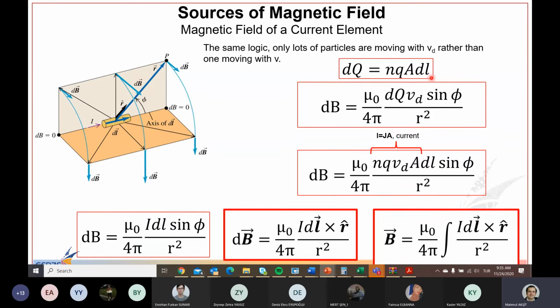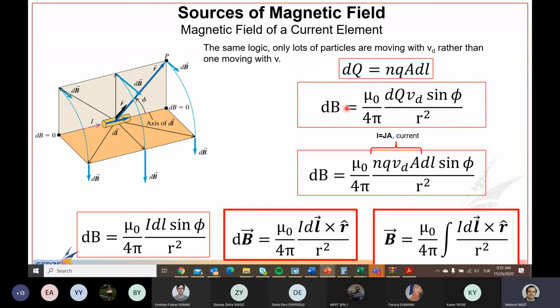dq is n q_a dl, the amount of charges for this current element. So number of charges per unit volume multiplied by charge per particle multiplied by the cross-section area of the current element, multiplied by length dl, the differential length.